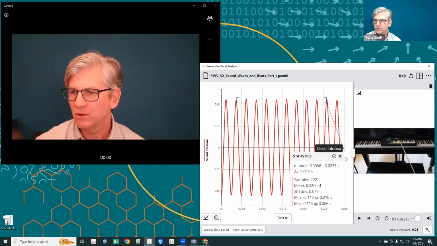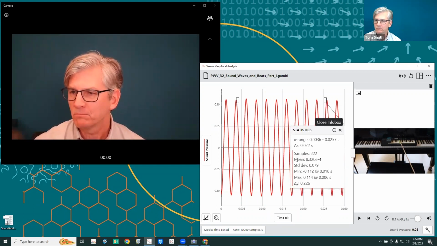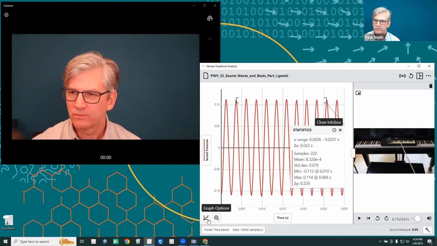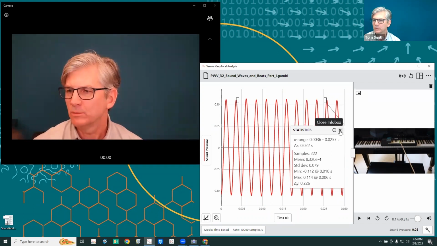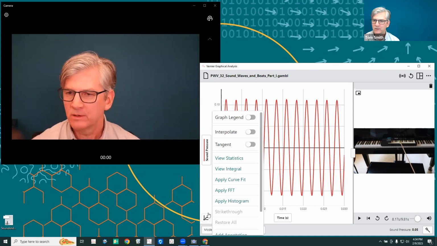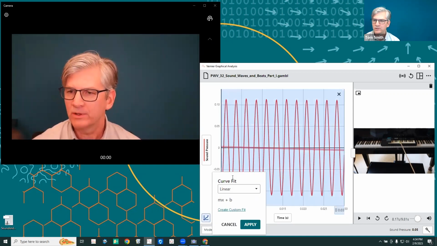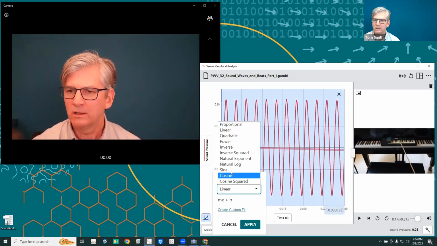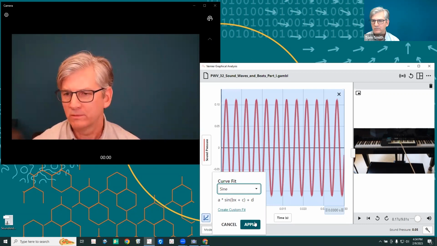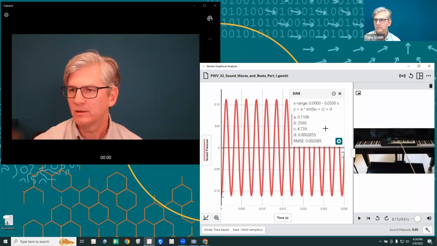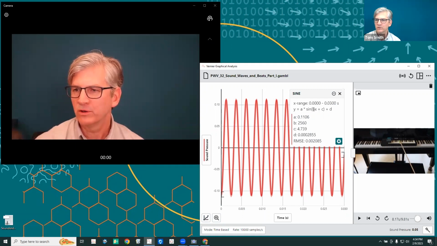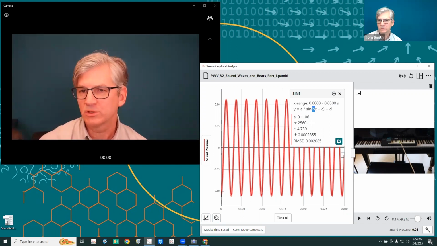And you can also do a curve fit. Let me just close that for now. Apply a curve fit, and we'll apply a sine wave. In this case, we're interested in this second component here, the B value, which is equal to 2 pi times the frequency.